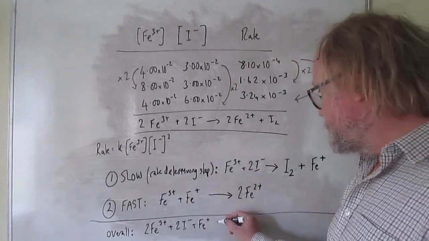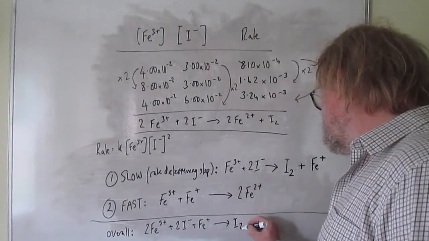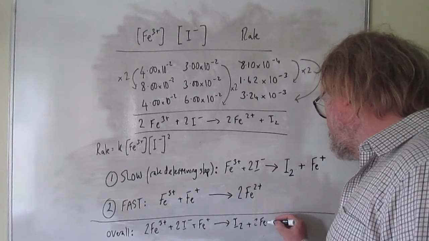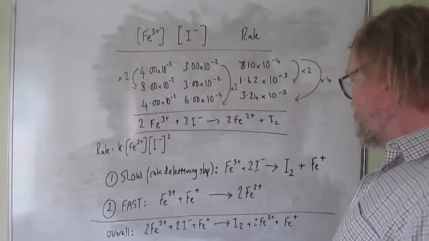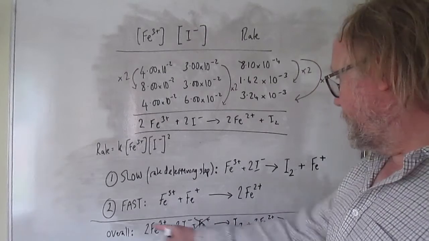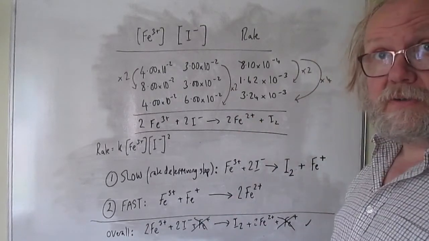When we add the two left-hand sides together, it goes to I2 plus 2 Fe2+ plus Fe+. And you can see that the Fe+ just cancels out, and that gives you the same equation as that. In other words, it's the correct reaction equation.